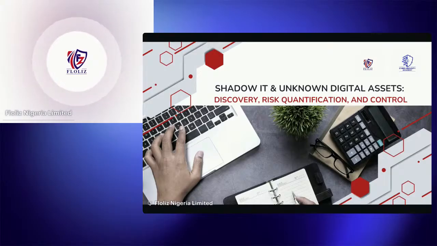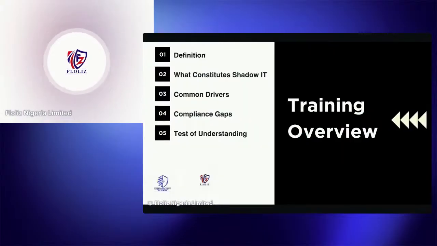So shadow IT is a big concern for chief information security officers. And this topic is very relevant considering the fact that AI and cybersecurity risk will pose a lot of significant compliance and regulatory risk moving forward. So, with that, we introduce shadow IT.